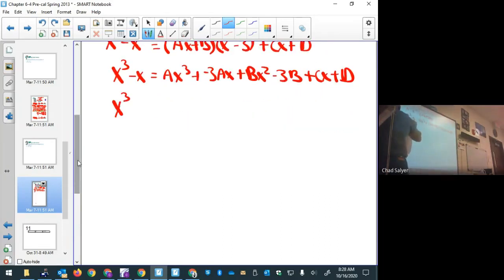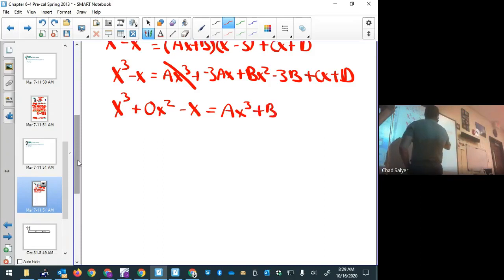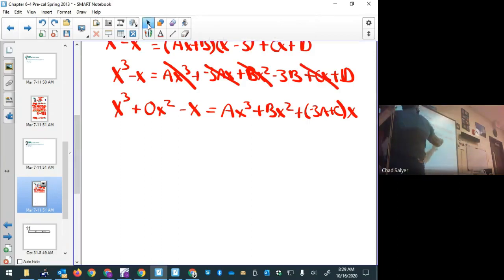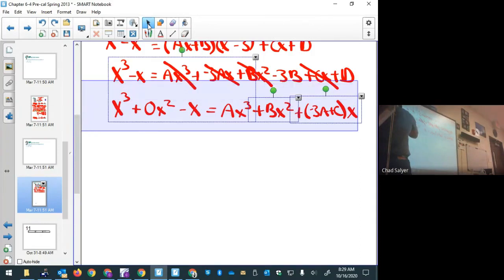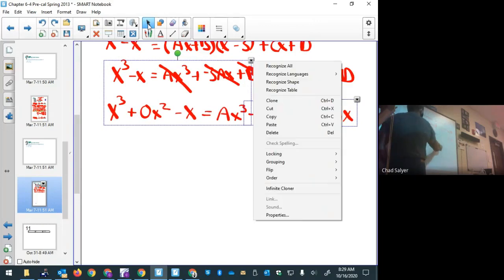So I've got x cubed, and I'm going to write plus 0x squared just for clarity, minus x equals, and then I've got AX cubed, that's my only third power, and then for squared, I've got plus BX squared, the only squared term, and then I've got minus 3A plus C times X. What's the minus 3B?